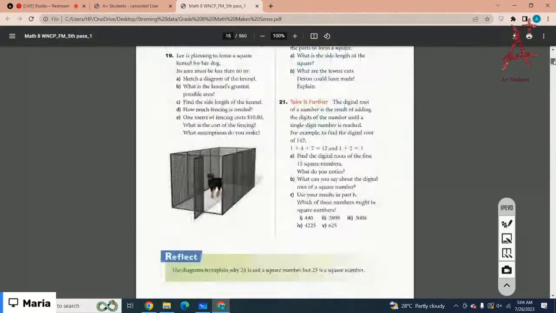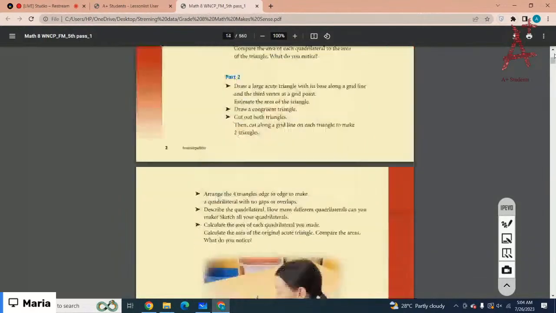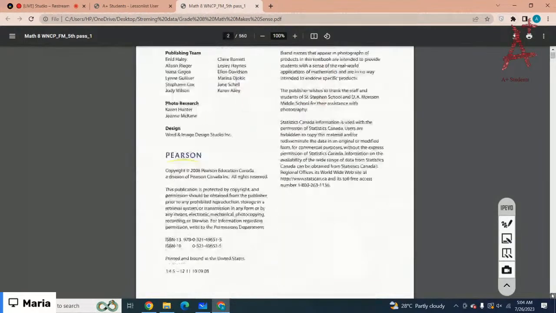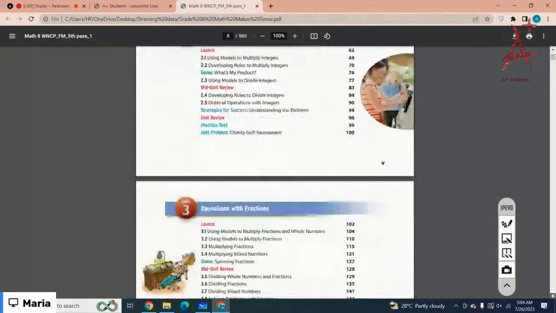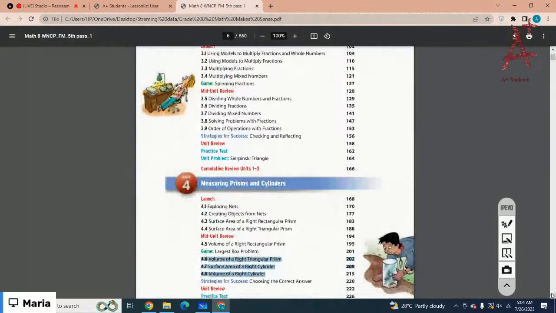Let me just confirm. Yes, volume of a right rectangular prism it was. So today we're going to do volume of a right triangular prism.